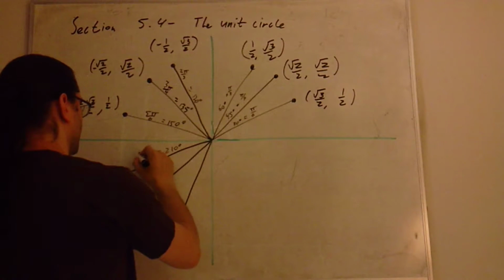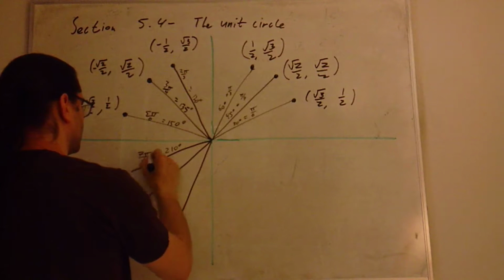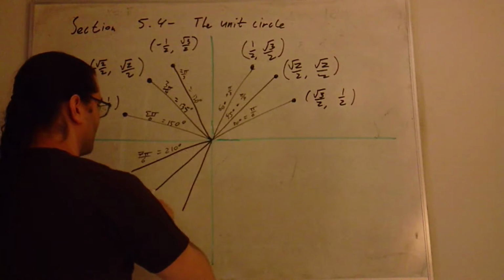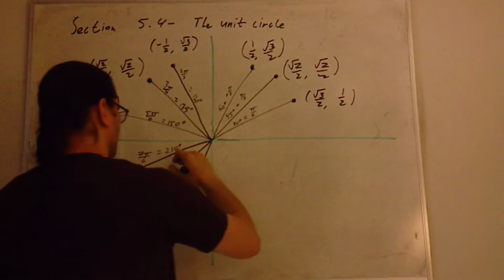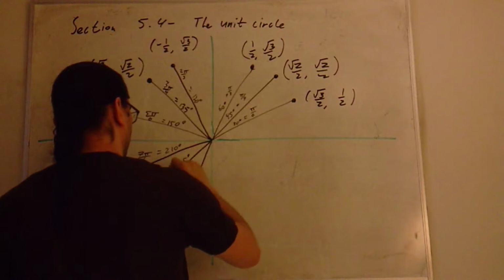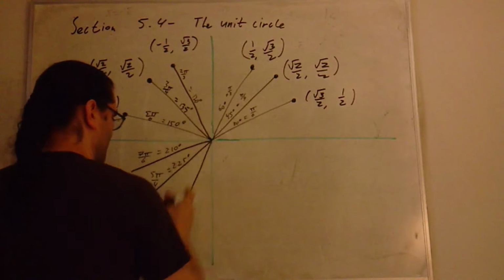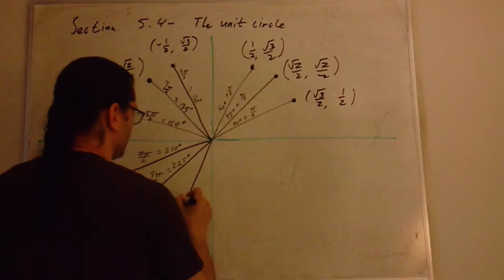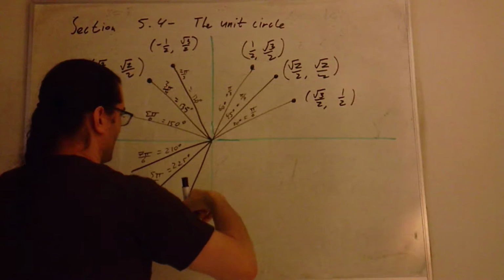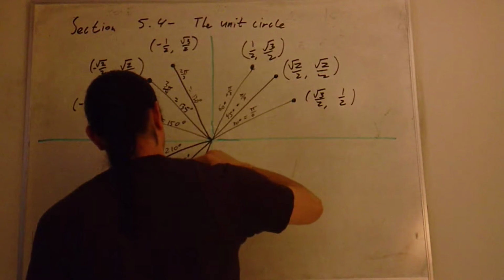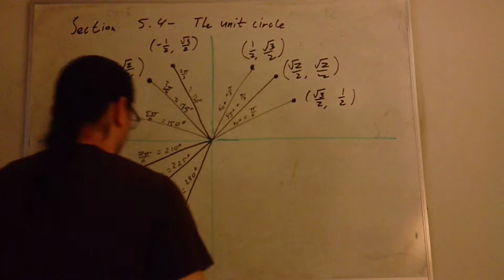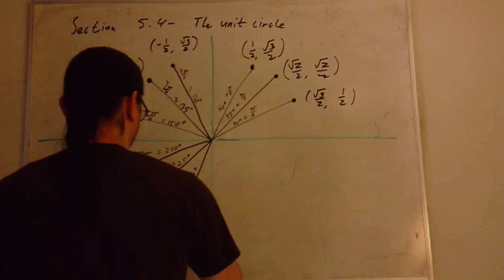And this will be the same as 7 pi over 6. To get the 45-degree reference angle, I should use 225, and that'll be 5 pi over 4. And to get the 60-degree reference angle, I need to use 60 degrees past 180, so this one should be 240. And that'll give me 4 pi over 3.